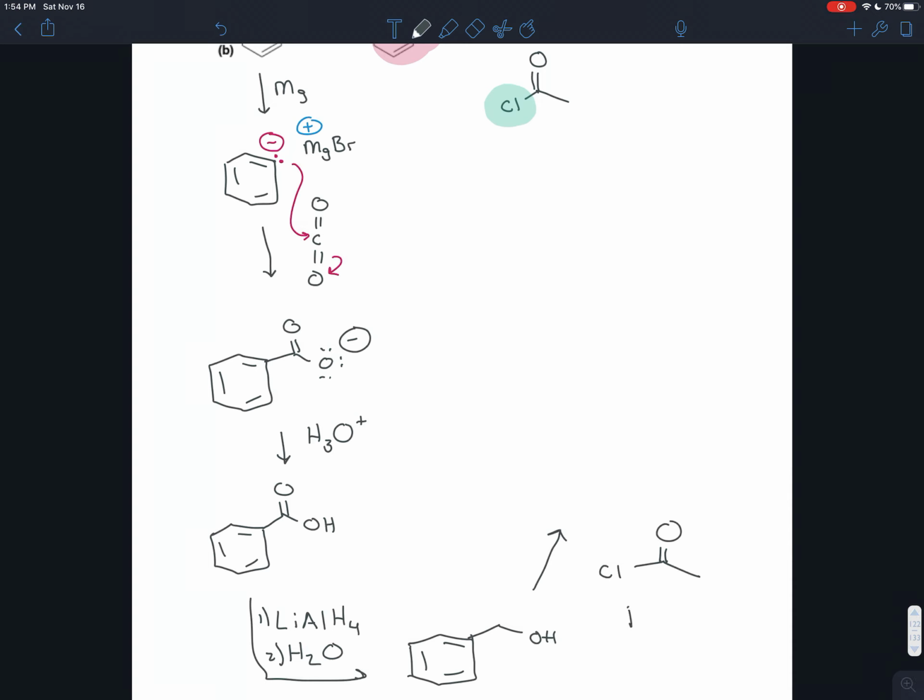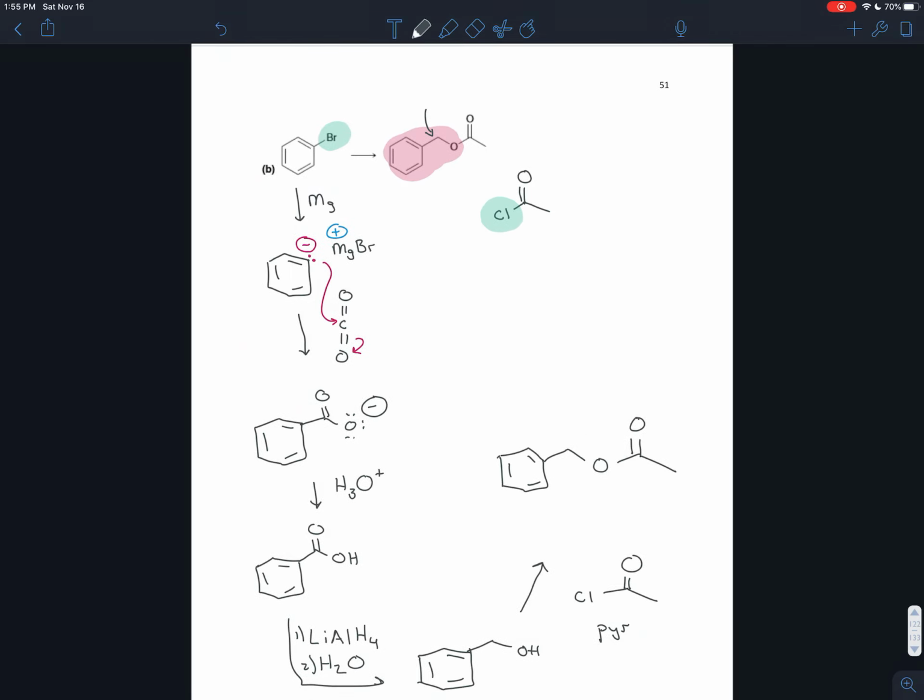Now you'd want to add a little bit of pyridine in there as the base to steal that hydrogen off after it does the nucleophilic acyl substitution, but what you'd end up with is your product. The product that we wanted up there.